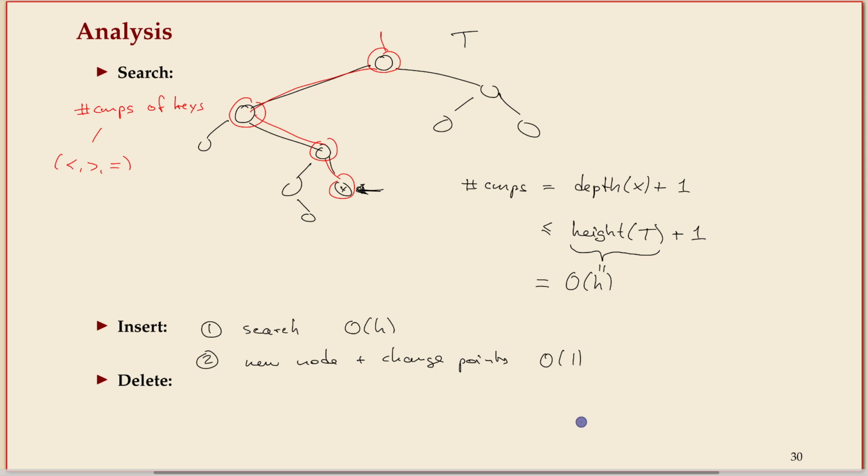Now for delete, there were the 3 cases, but in a way it's still bounded by the height. So you had one search, potentially the predecessor, and moving a few pointers.